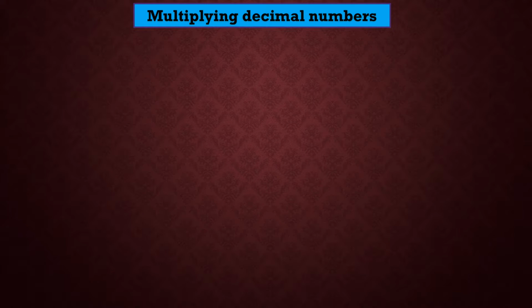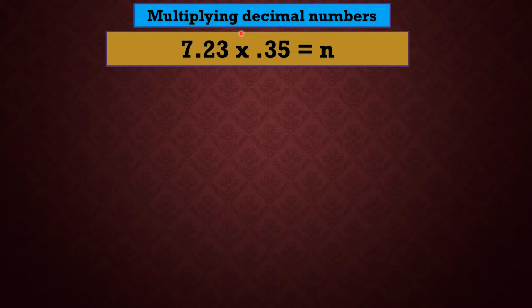Now, here's another example on how we are going to multiply decimal numbers. So I have 7.23 times 0.35. So have in mind that we are multiplying decimal numbers.